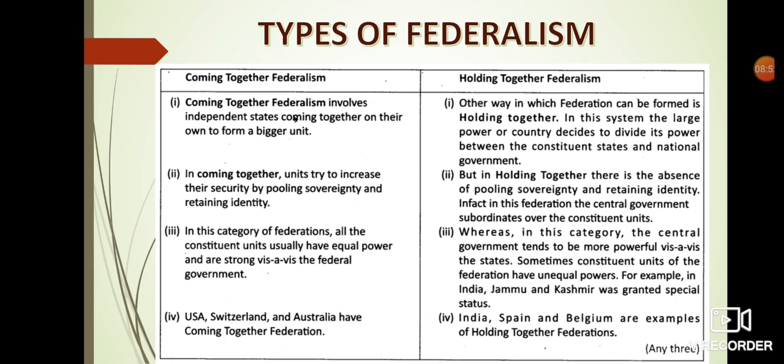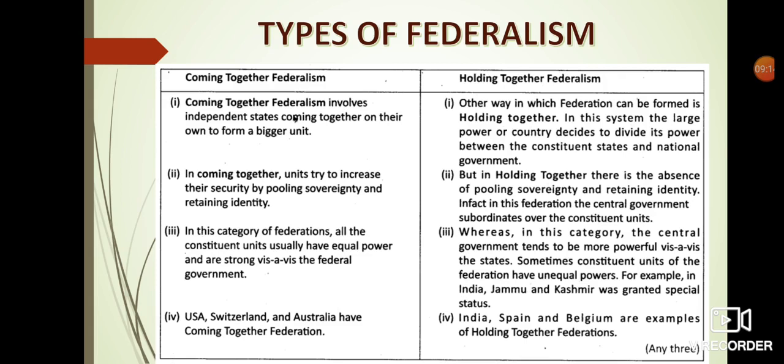In fact, in this federation, the central government is superior to the constituent units. We say that our state government and the other levels of government are independent, but still, overall, the final decisions are to be taken by the central government if any dispute occurs.